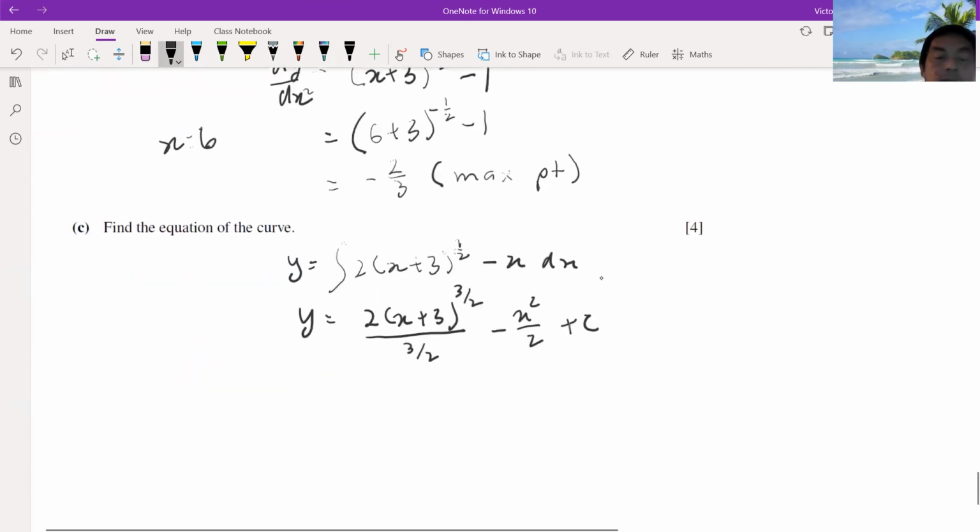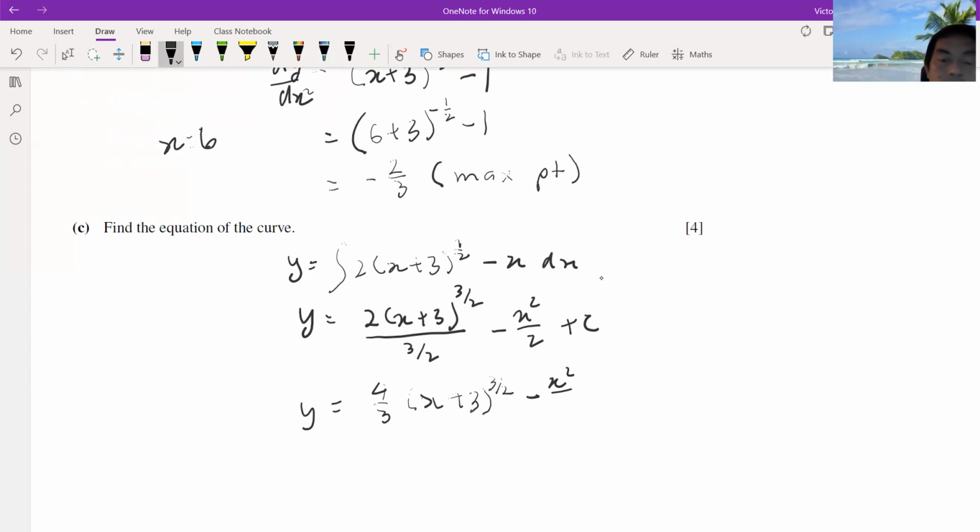Let's see, simplifying, this will be 4 over 3 (2x + 3) to the power 3 over 2 minus x squared over 2 plus c.